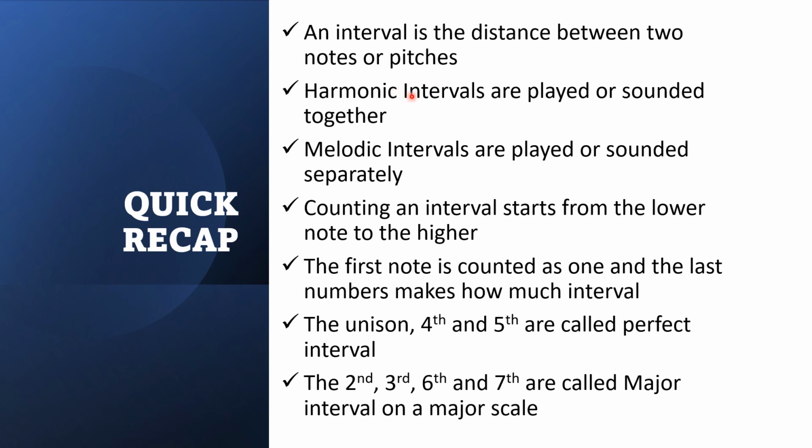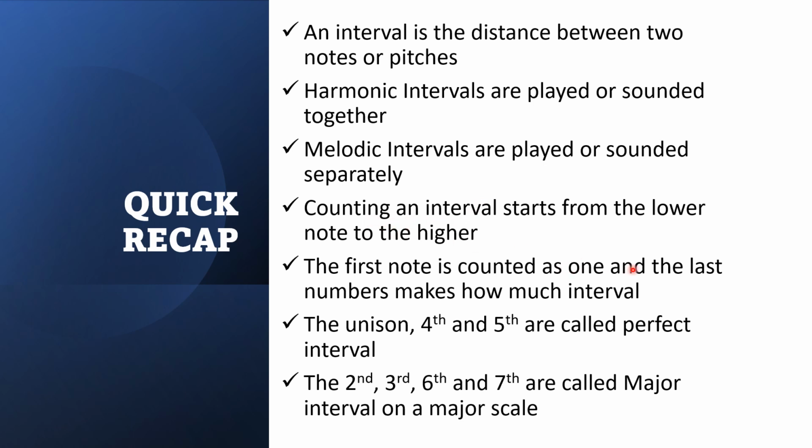And we say we have two types of interval, fundamentally, which are the harmonic interval and the melodic interval. Harmonic intervals are played or sounded together, just like you have in church. We have soprano, alto, tenor, and bass singing all at the same time to produce harmony. You're hearing them as one. While melodic intervals are played or sounded separately, it's just like you playing the piano and picking one note after another note, and put together it gives you a melodic song.